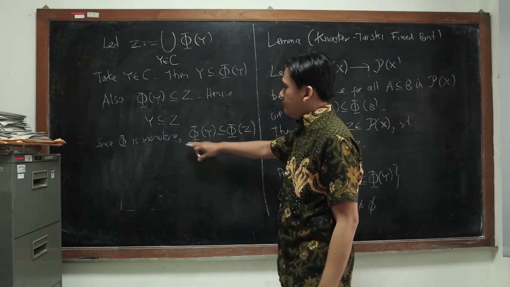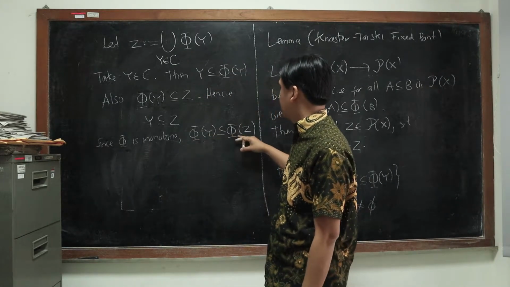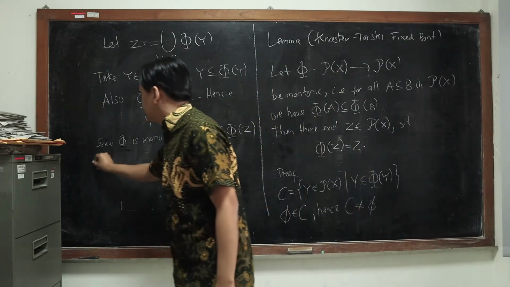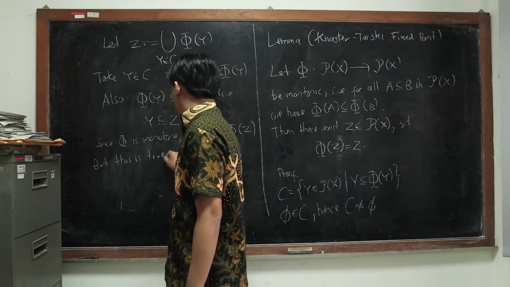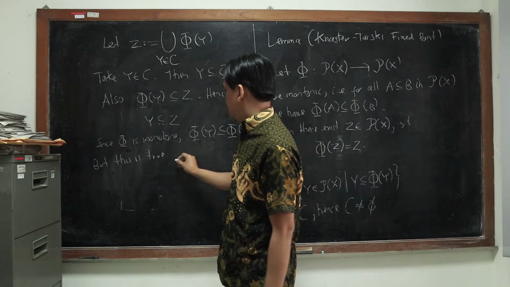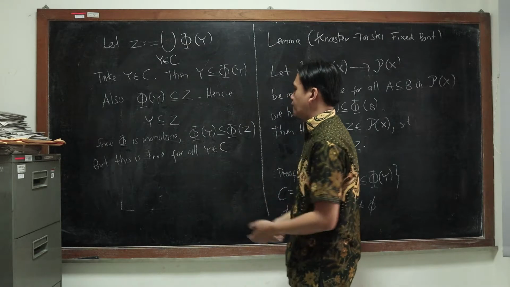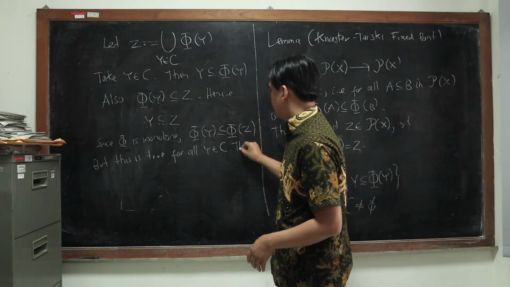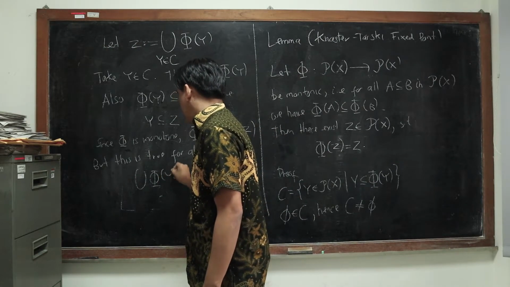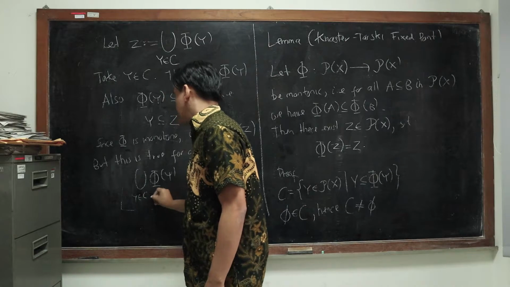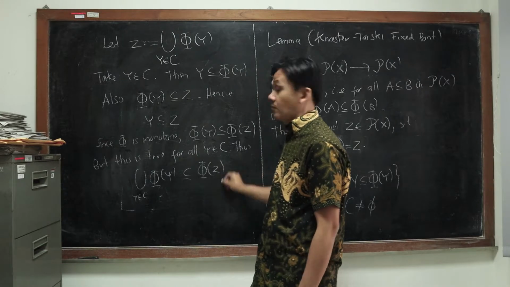This is true for all Y in C. Since this is true for all Y in C, if we take the union of phi of Y, where Y is coming from C, then it is still contained in phi of Z. Why is that?